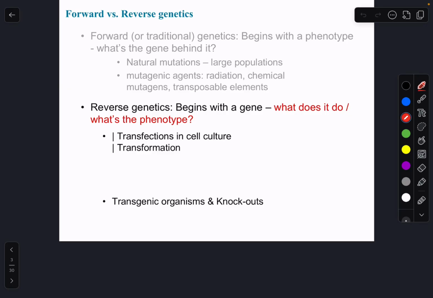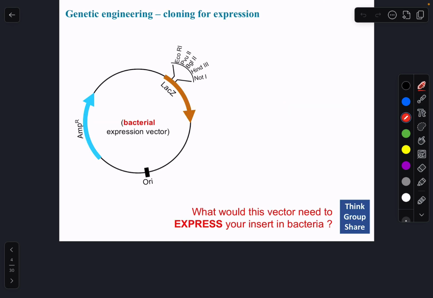And then we can take it a step further and basically genetically modify an entire organism, in which case we're not talking about transfections or transformations anymore, we're talking about transgenic organisms. And if we happen to take out a gene from an organism, we refer to those as knockouts, and we'll describe both today.